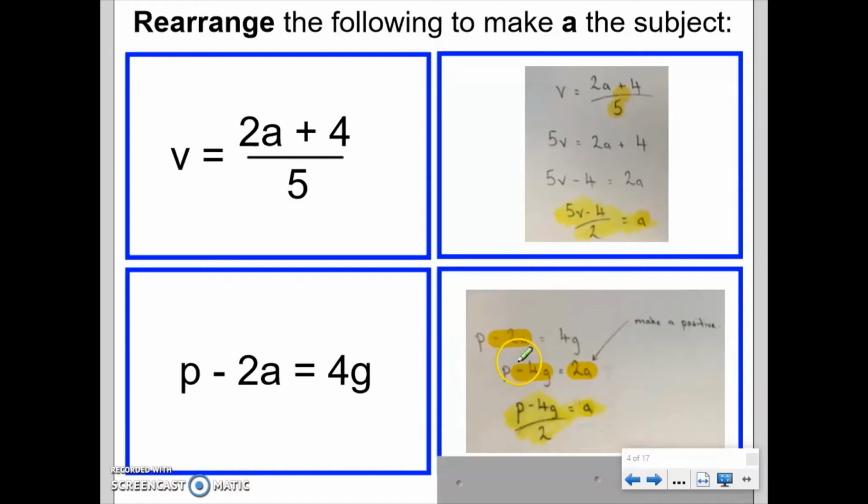So you'll notice from that little explanation that I would have ended up with a slightly different rearrangement, and that's okay. In the topic of rearranging formula, you can often have more than one correct answer depending on the way you rearranged and manipulated the algebra.